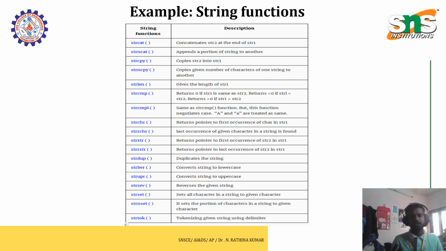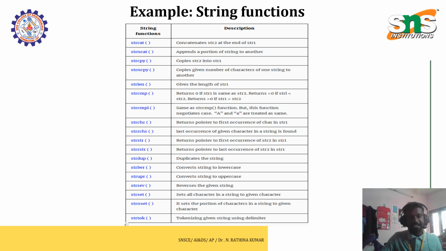So what are some of the built-in functions related to strings? Here, for example, we have two columns. The first column contains the name of the string function. The second column contains the description. The first one, strcat, means concatenate two strings, that is, concatenate string 2 at the end of string 1. At the end, we can add a second string, that is called concatenation.